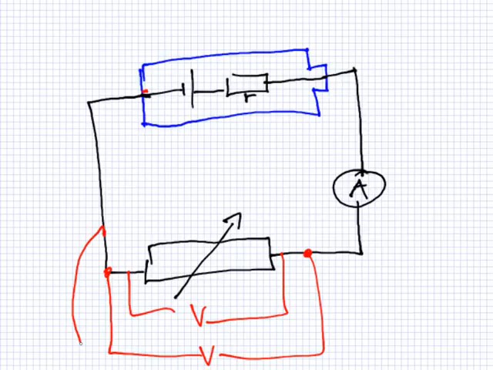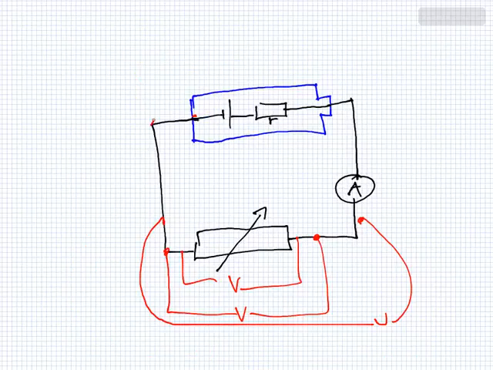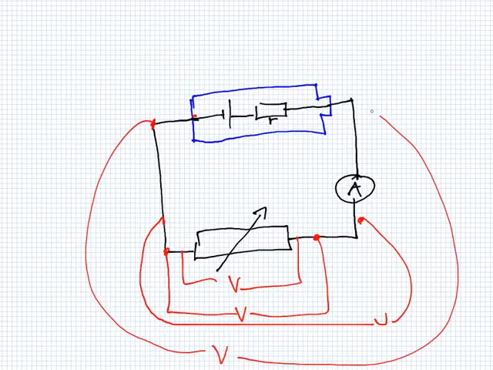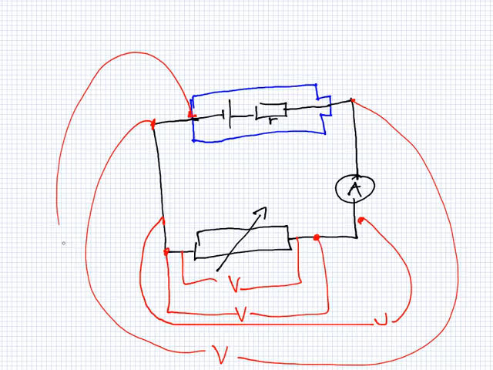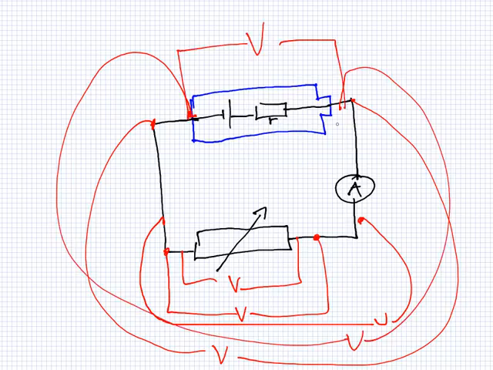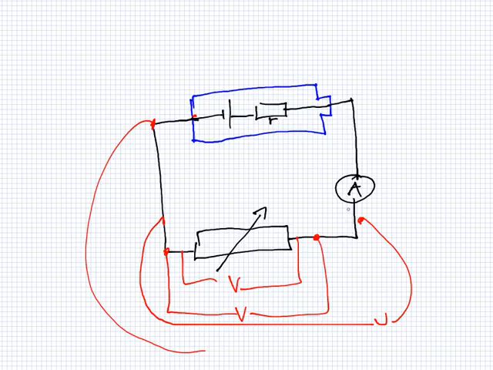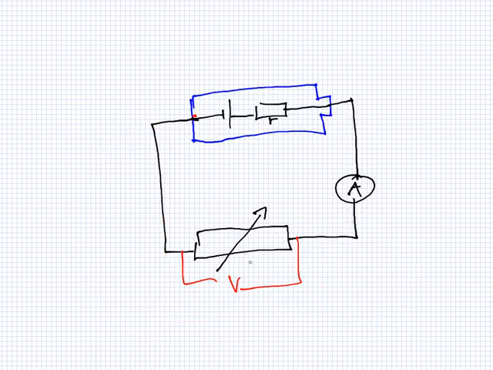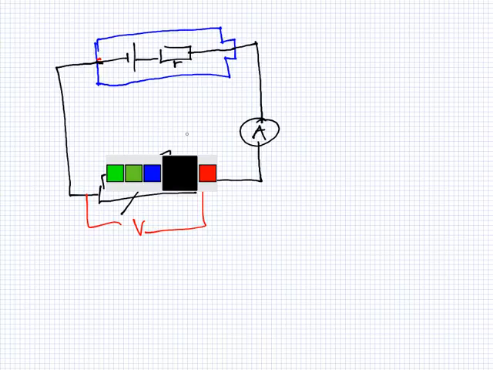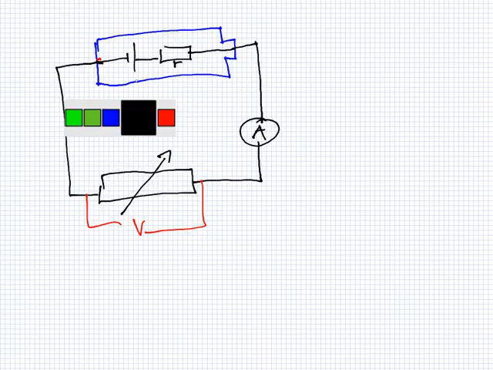And what about if I put it here? Yeah. And if I put it here? Yeah. And if I put it here? Yeah. So what I'm saying is putting the voltmeter on the top is exactly the same as having the voltmeter on the bottom. But I like it on the bottom, so I'm going to draw it here. Okay. And then we have EMF, I'll call it E here.